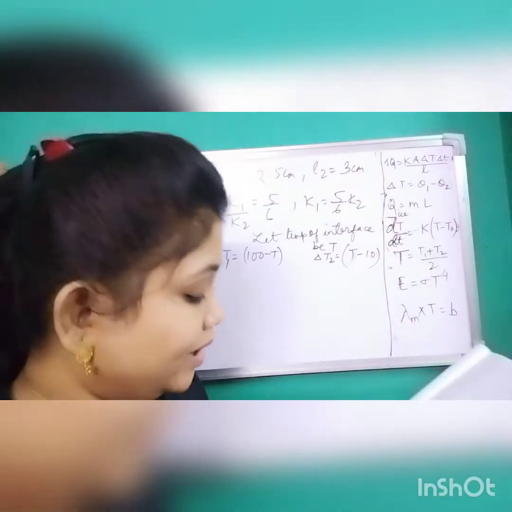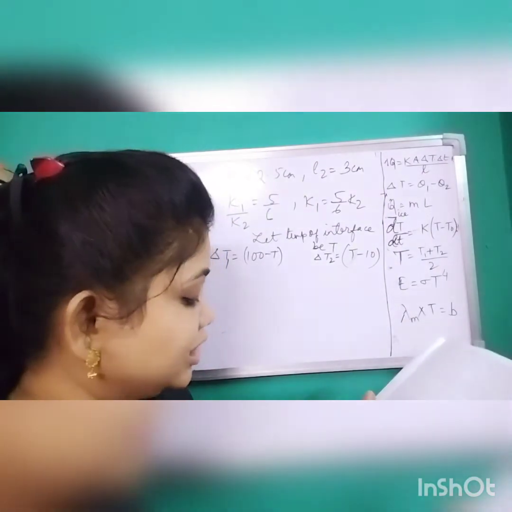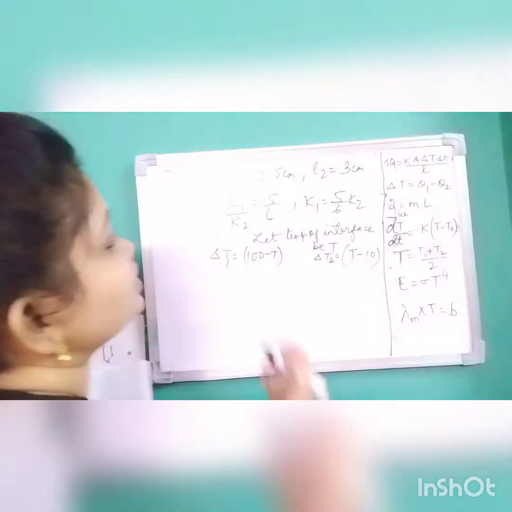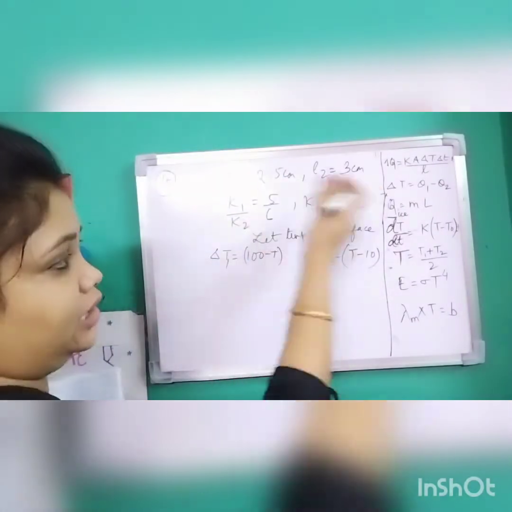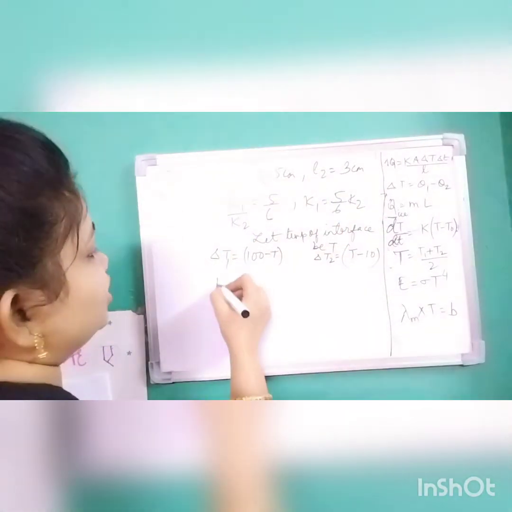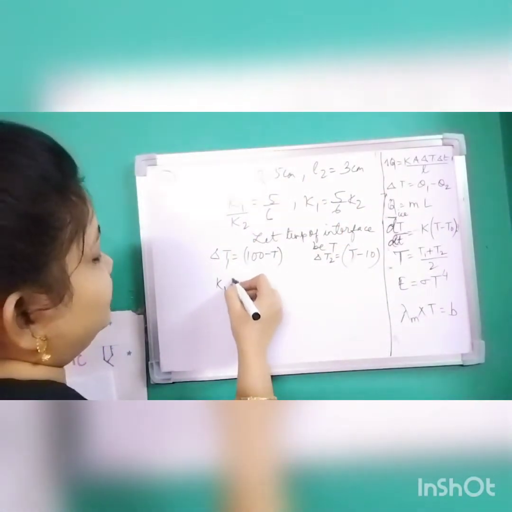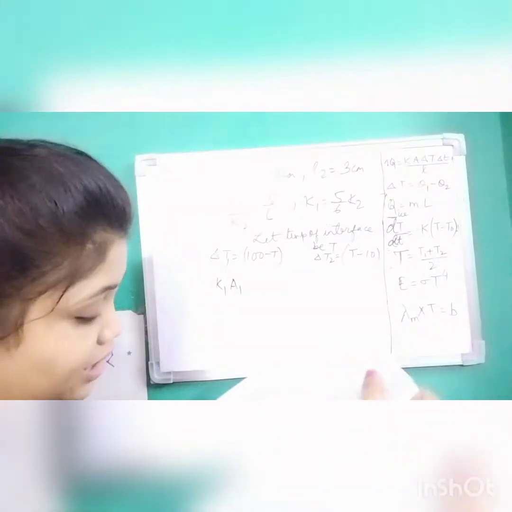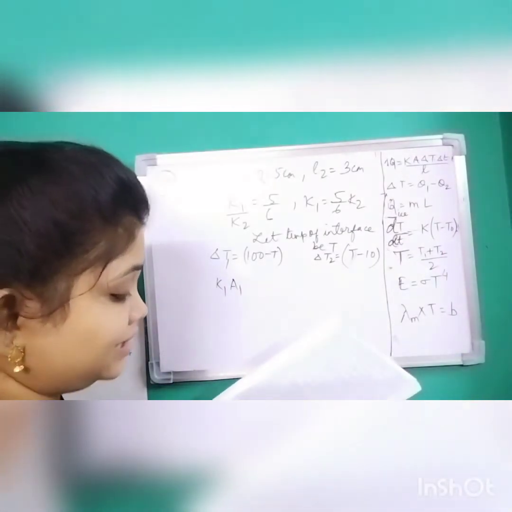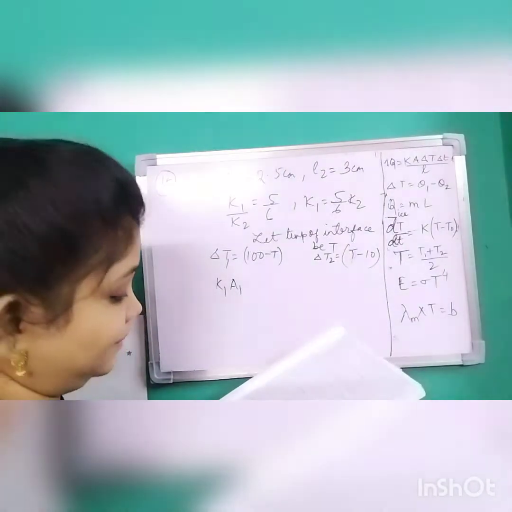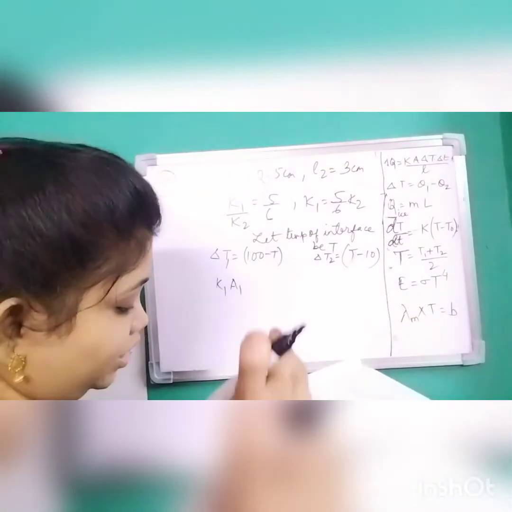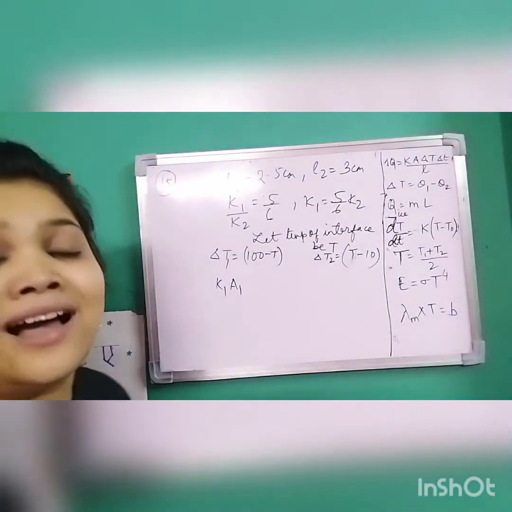So what they have asked is to calculate the temperature of the interface. Let's solve the sum. Obviously, heat will be the same in both the cases. So we can write K1 A1. Here it's given that the plane surfaces of two sheets of different metals are kept in contact with each other. So here you have to take the area as the same.